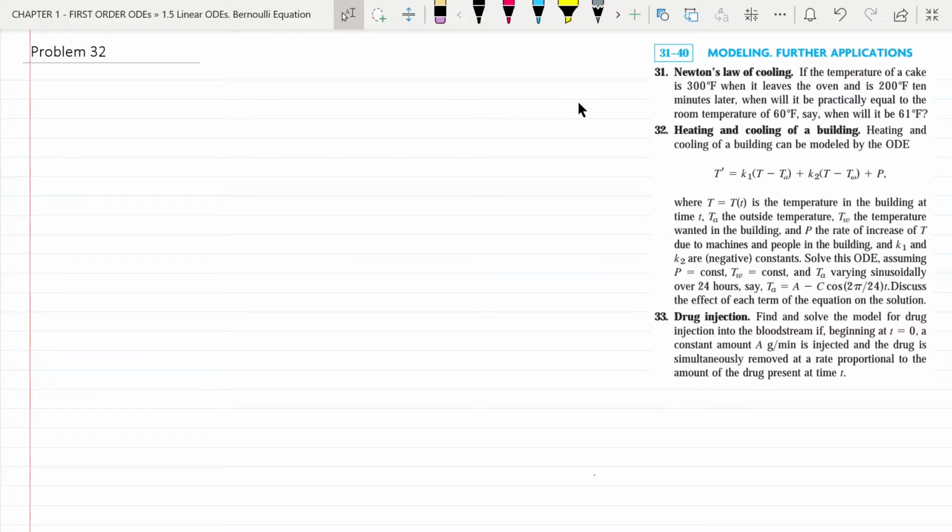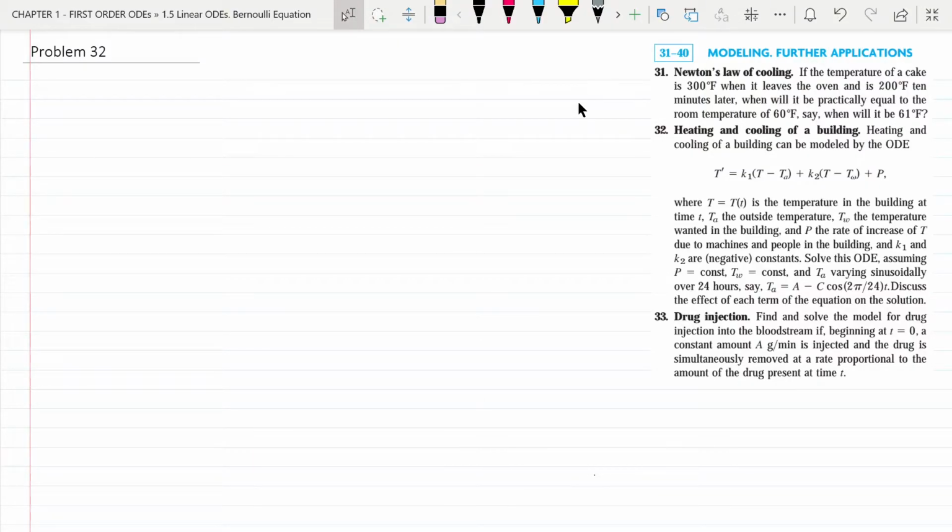Problem 32. Heating and cooling of a building. Heating and cooling of a building can be modeled by the ODE T dash equal to K1 (T minus TA) plus K2 (T minus T omega) plus P, where T is the temperature in the building at time t, TA is the outside temperature, T omega is the temperature wanted in the building, and P is the rate of increase of temperature due to machines and people in the building.